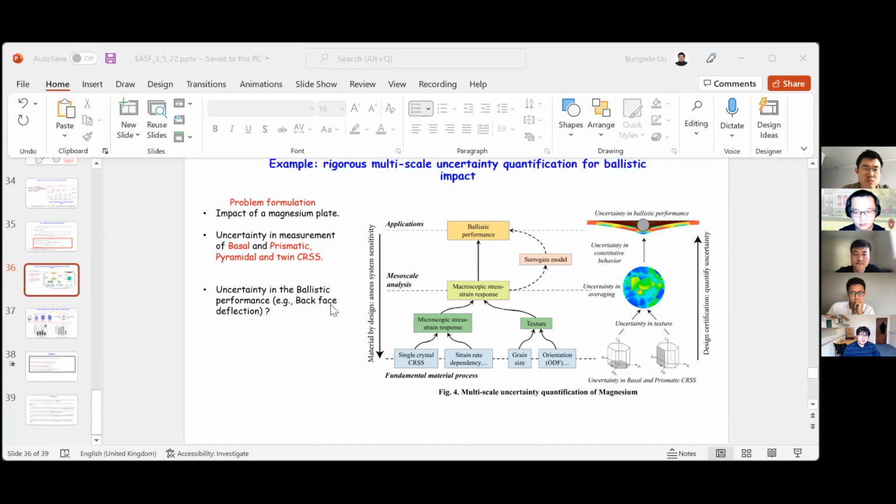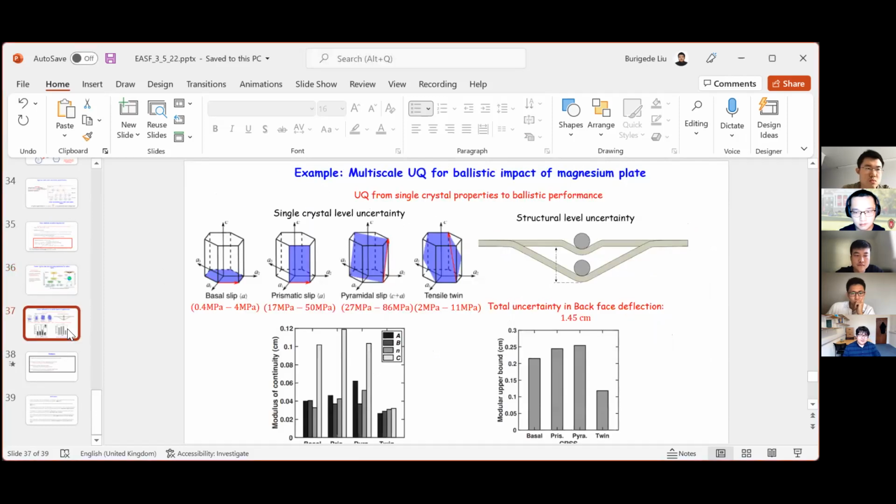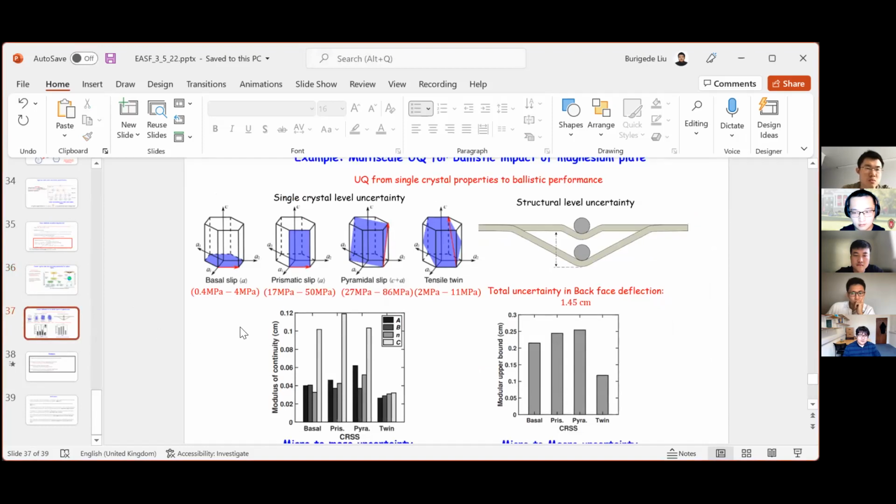So what we proposed in this framework here is that we actually don't know the probability measure. What we're really trying to quantify is the bound of the uncertainty, not the probability of the uncertainty.